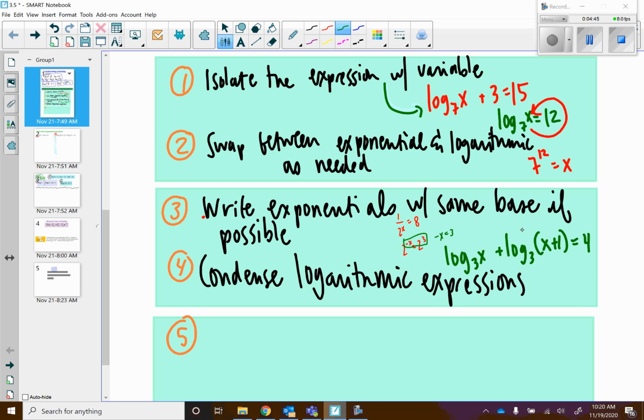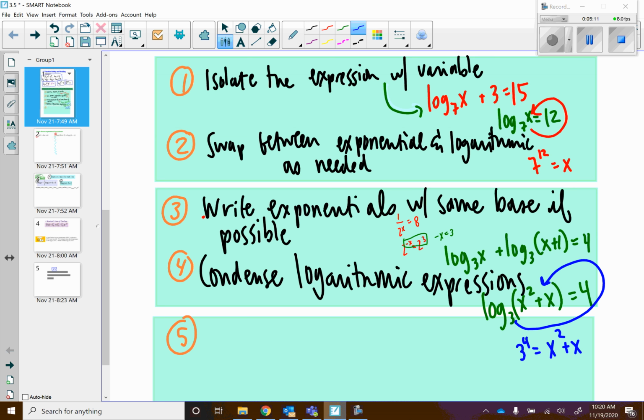I know when I have addition on the outside of the logs, I can multiply the things within. So log base 3 of x times x plus 1, or x squared plus x, is equal to 4. And now I'm in log form. I can't do a whole lot, so I would change it to exponential: 3 to the 4th is equal to x squared plus x, and I can solve that.